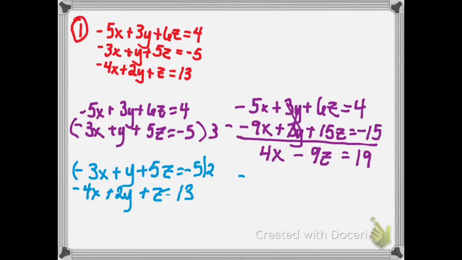So you have negative 6x plus 2y plus 10z equals negative 10. And then your bottom one, just rewrite it.